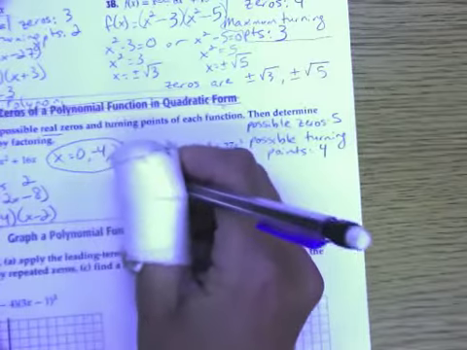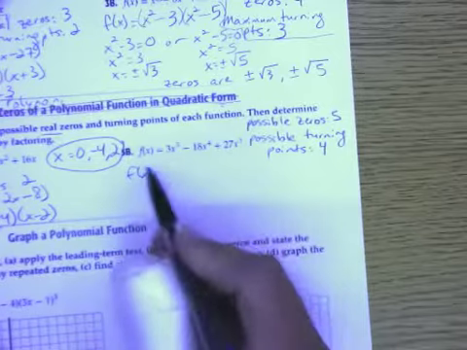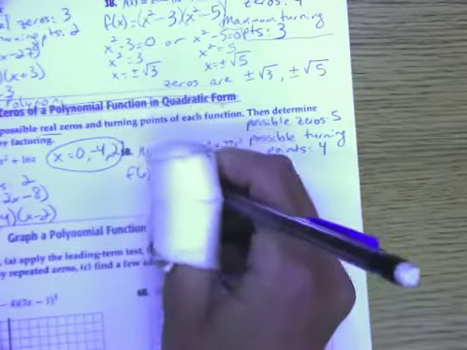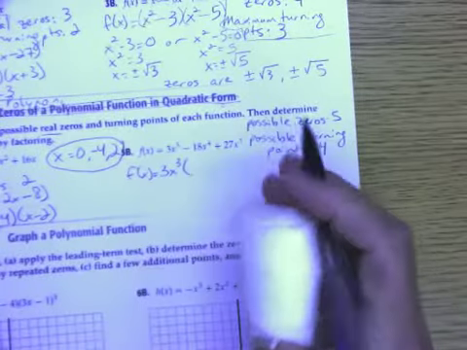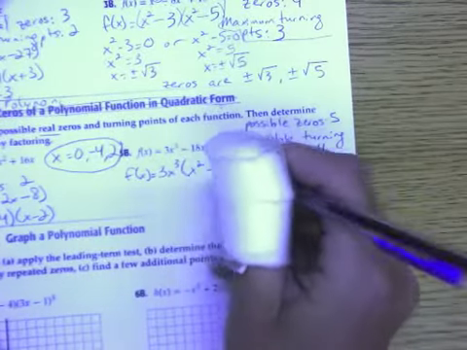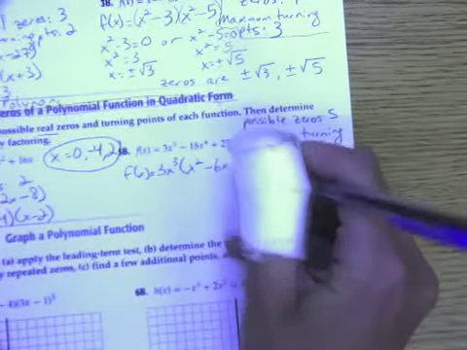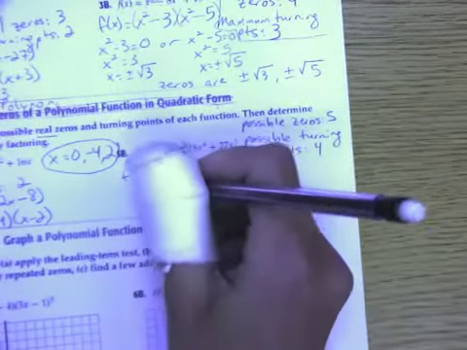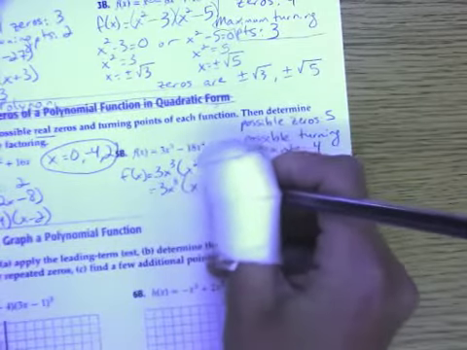So f of x equals, notice that our polynomial has a greatest common factor of 3x to the third. And when I factor that out, I have x squared minus 6x plus 9. When I factor that, I have 3x to the third times x minus 3 squared.